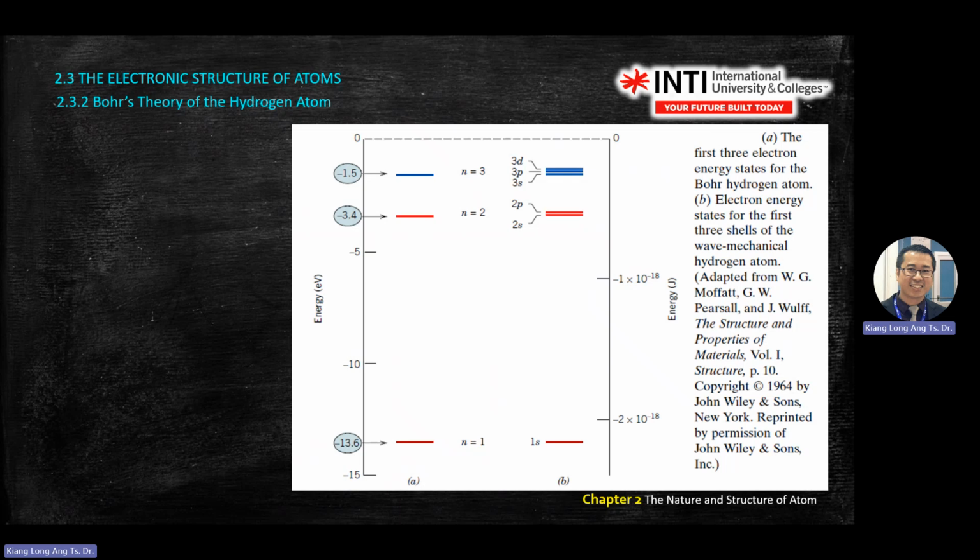So again, how do you find the difference between two places? Change of energy equals E2 minus E1. So what is your E2? Do you understand what E2 and E1 mean or not?